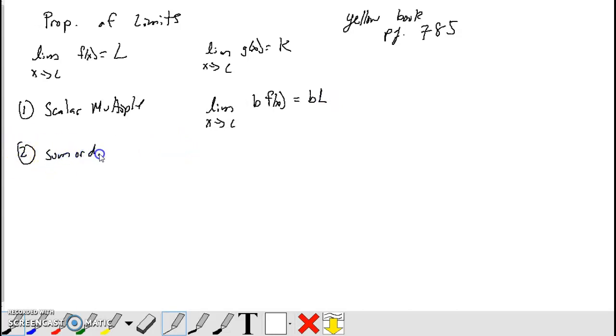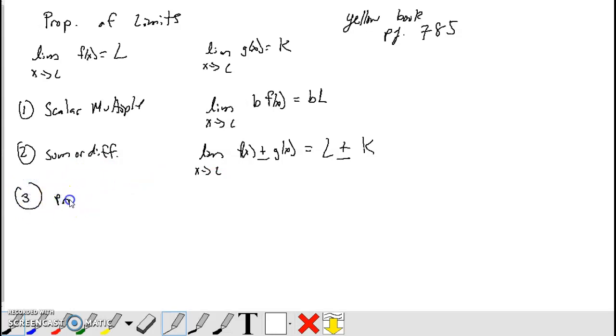Basically this means that if I have a limit as x approaches c of f of x, either plus or minus g of x, I'm going to take my L and either add it to or subtract it from my k value. That's all that means. It's kind of basic knowledge.